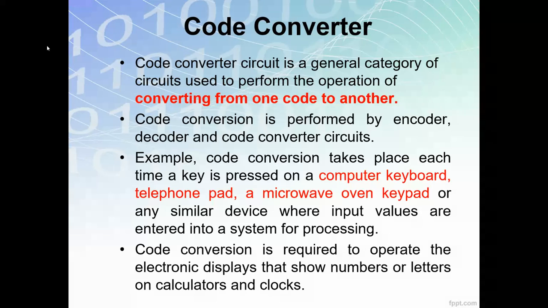Okay, so an example where code conversion takes place is when you press a key on the computer keyboard, telephone pad, and also a microwave oven, because bila kita nak tekan satu, we do some selections. For microwave, satu kita nak bakar ayam, so dia akan keluarkan masa.